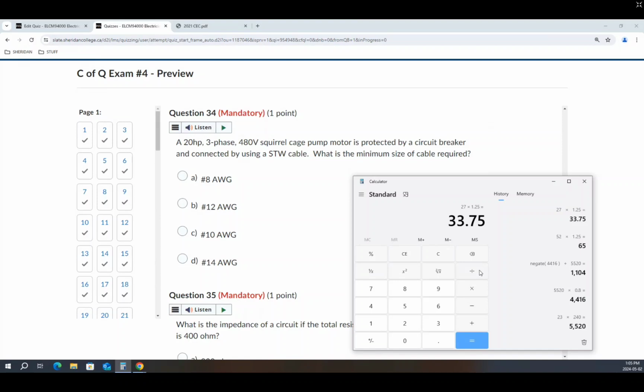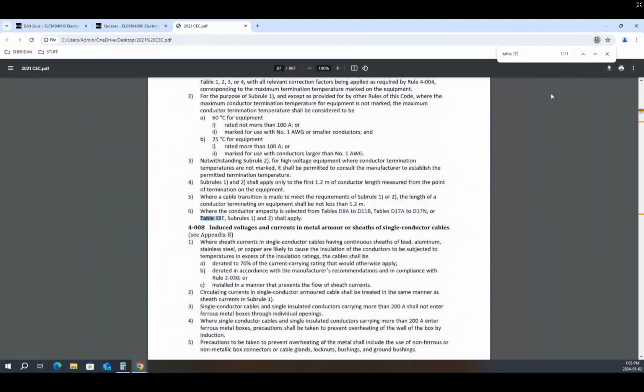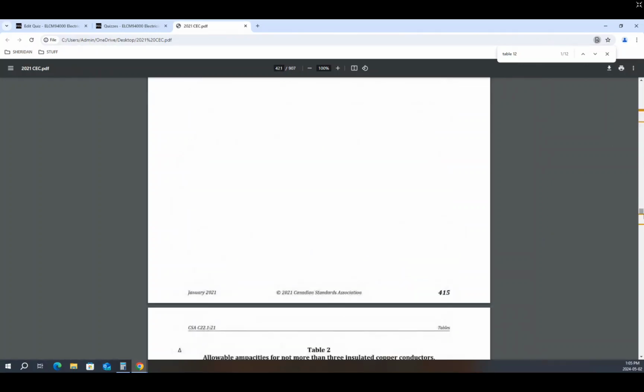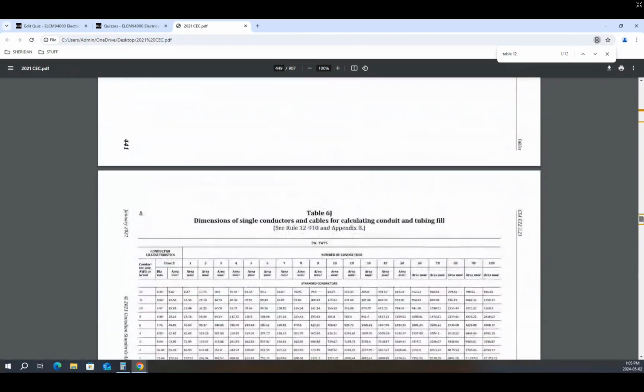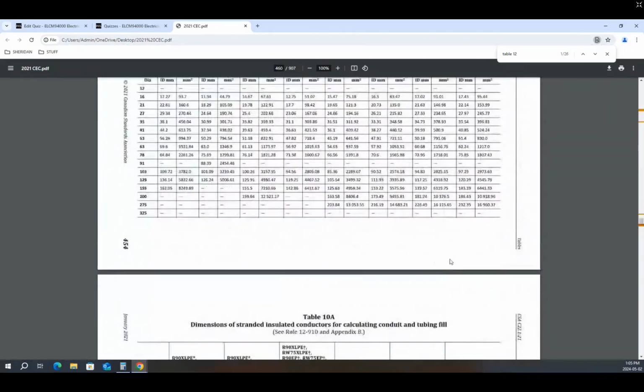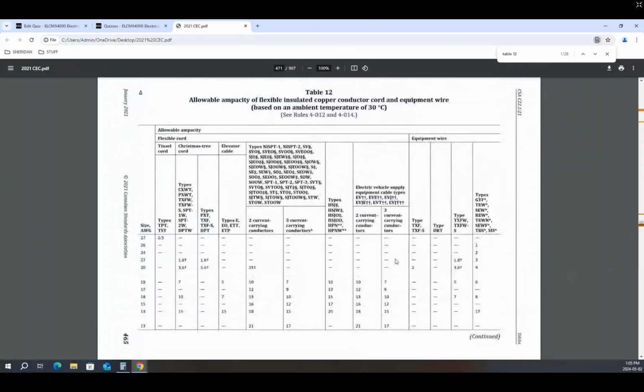So now what's the minimum size of cable required? So I'm going to go to table 12, cable.